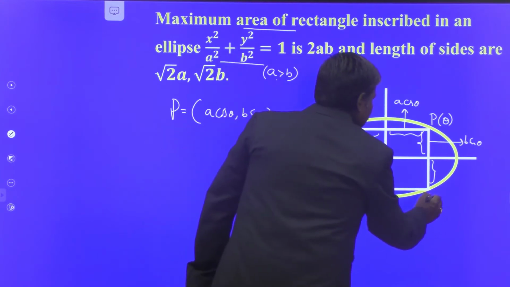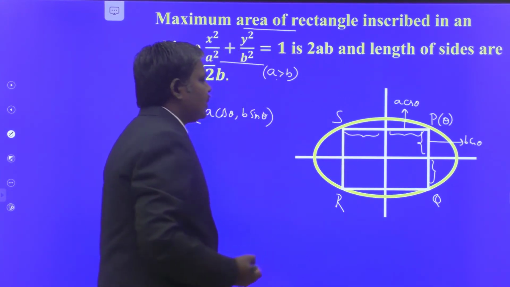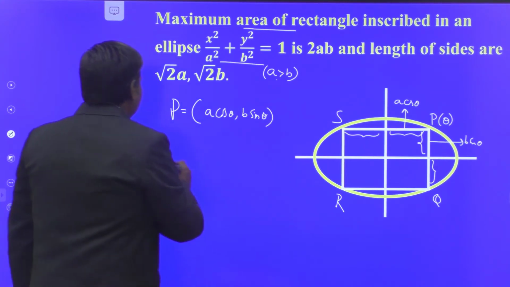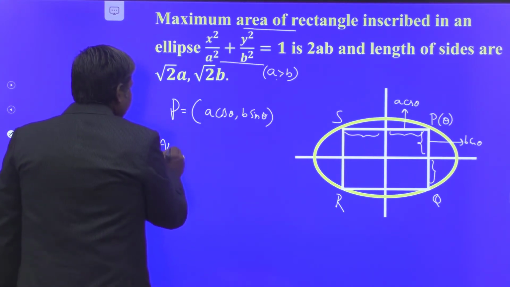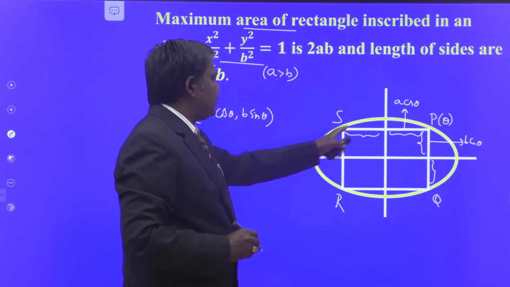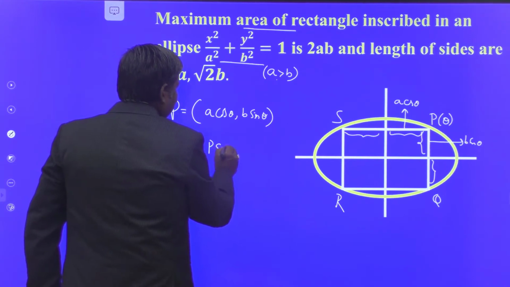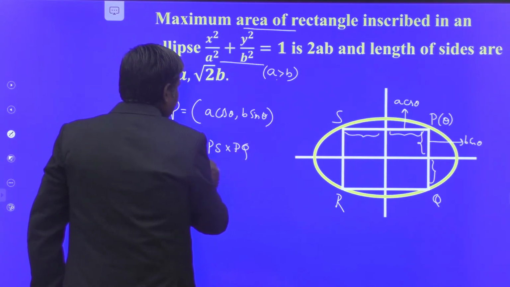Now this is Q, say, R, S. PQRS is your rectangle. Area of the rectangle is equal to PS into PQ. Am I correct?